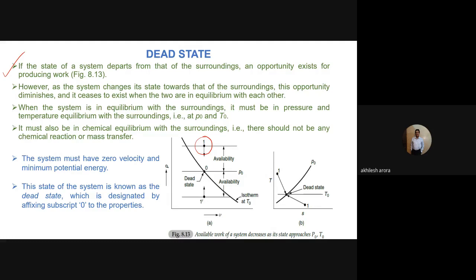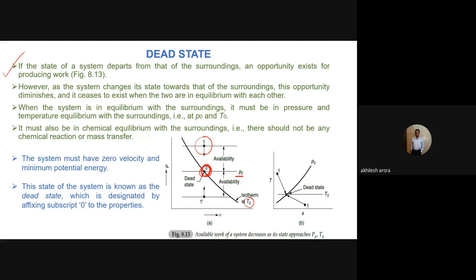Dead state always is at point O, and O represents the pressure P naught, and this isotherm is at temperature T naught. So this is a single state. Dead state is a single state where the temperature and pressure of the atmosphere are plotted.